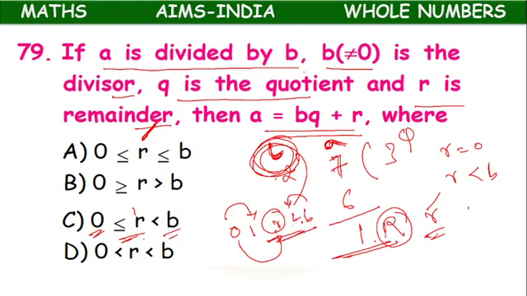So remainder is always greater than or equal to 0 and less than B, not equal to B. Suppose if you have 2 here, again we can divide with 2. So remainder can never be equal to B. It is always equal to 0 or greater than 0 or less than B. So C option is the correct relation.